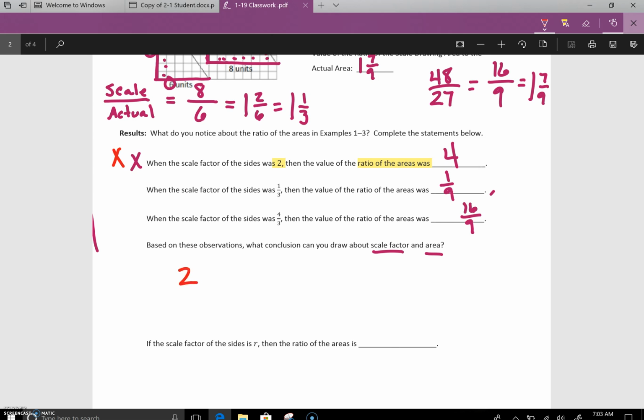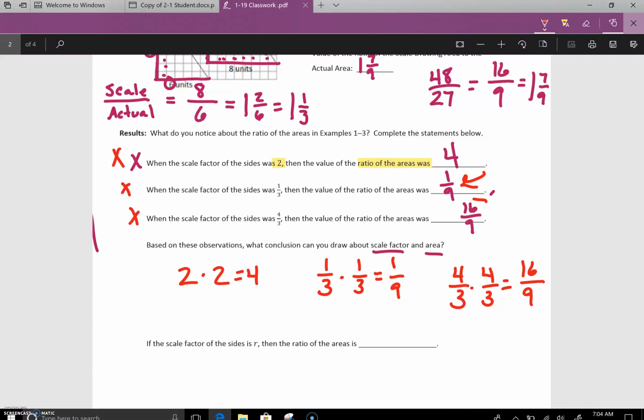Scale factor is 2. If you multiply it by itself, you get 4. If you look at the second one, scale factor is 1/3. If you multiply it by itself, you get the ratio of the area, 1/9. Last but not least, when the scale factor is 4/3, you multiply it by itself, you get 16/9. So that's the conclusion we can draw, that if you multiply the scale factor by itself, you will get the ratio of the area.